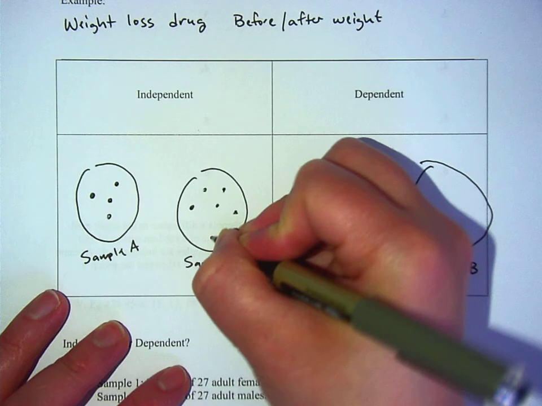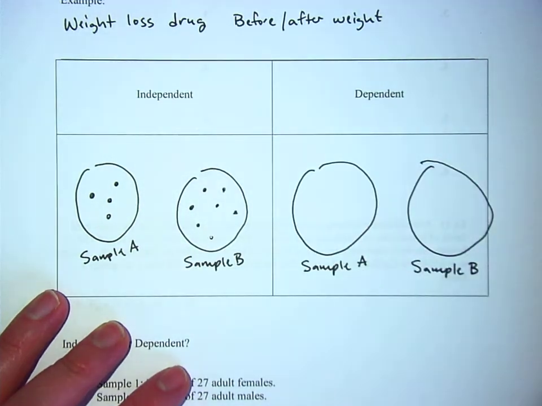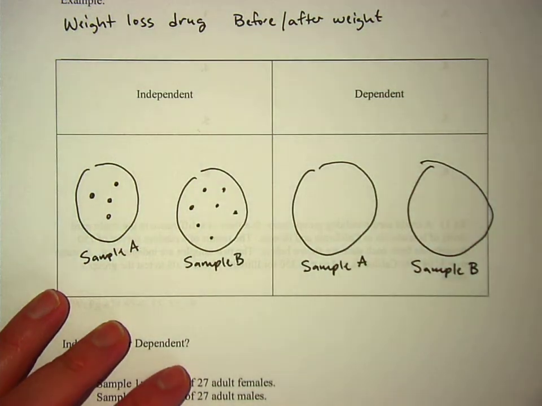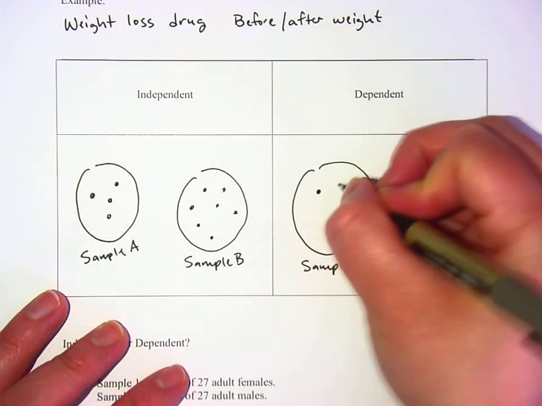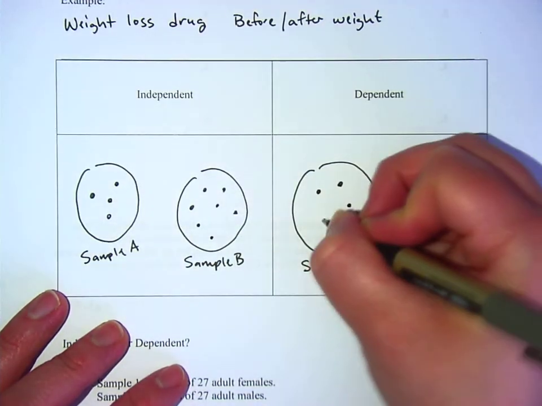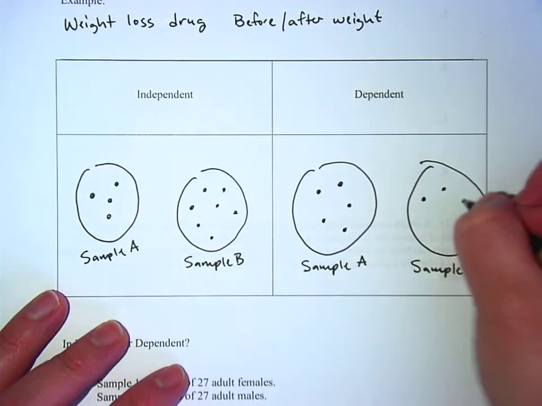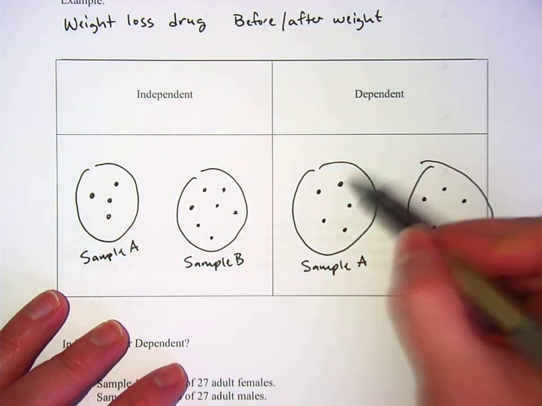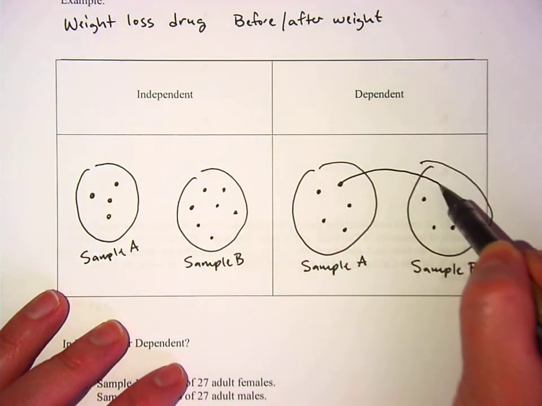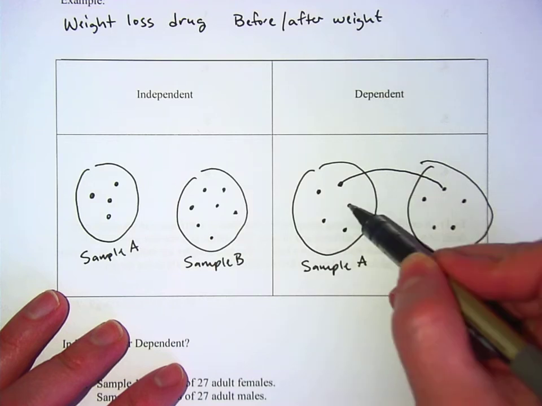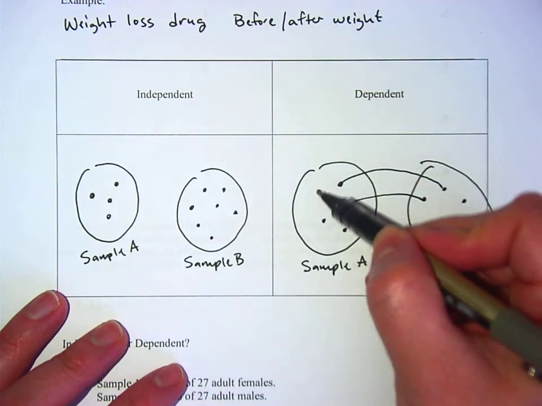They do not need to be the same amount of numbers. They could be, but don't have to be. But for dependent, they have to have exactly the same amount of data points because they're connected to each other. If you're doing weight testing, you have to have a before and an after for every single person.